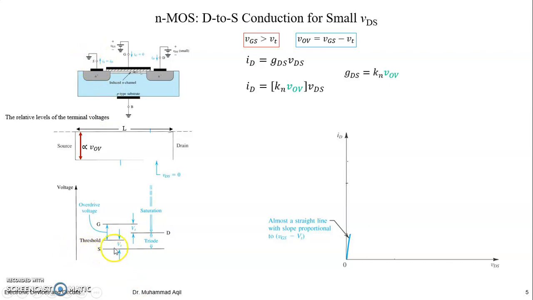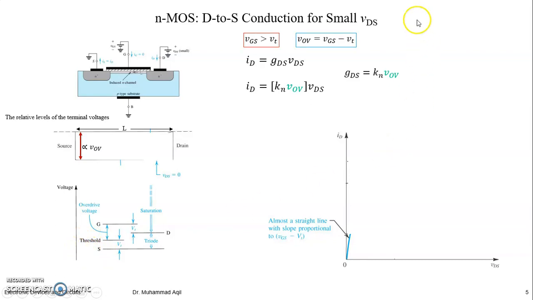Every device has a threshold voltage at which the minimum channel is formed for conduction. So this is the minimum value, VT. For example, if VT is 0.7, then this level is 0.7 when this is 0. If VT is 1.2, then this level will be 1.2.